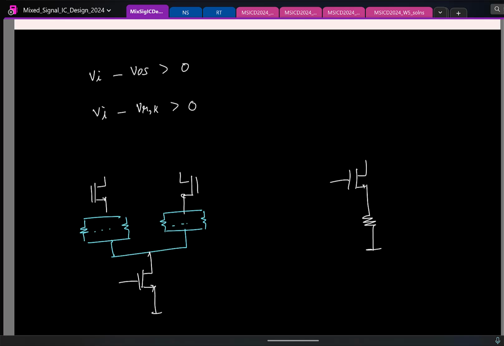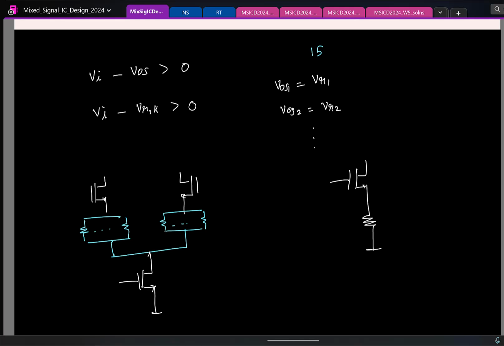The current to voltage factor depends on this resistor. So I can have a different number of resistors on either side, and let us say in a flash ADC you want 15 comparators. For each of the 15 comparators, I'll turn on an appropriate number of them on either side, so that the first comparator will have an offset equal to the first reference voltage, the second comparator will have an offset equal to the second reference voltage, and so on.